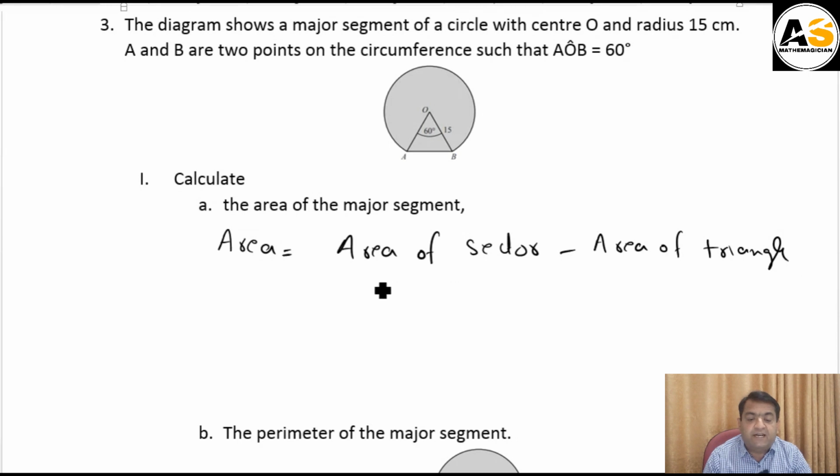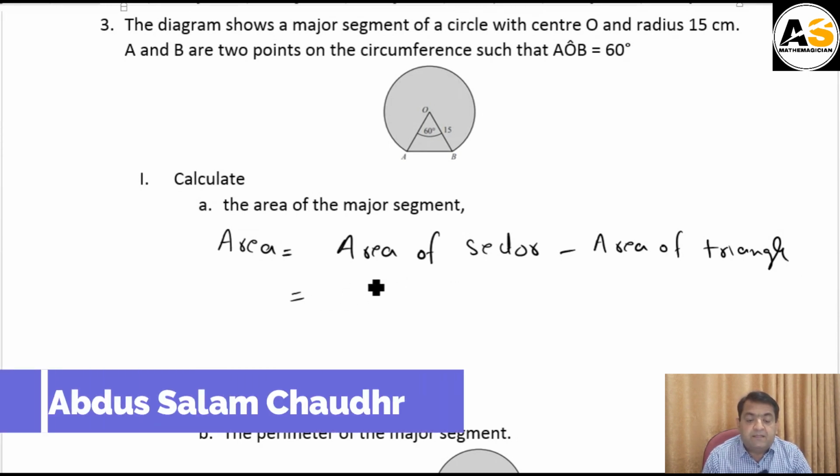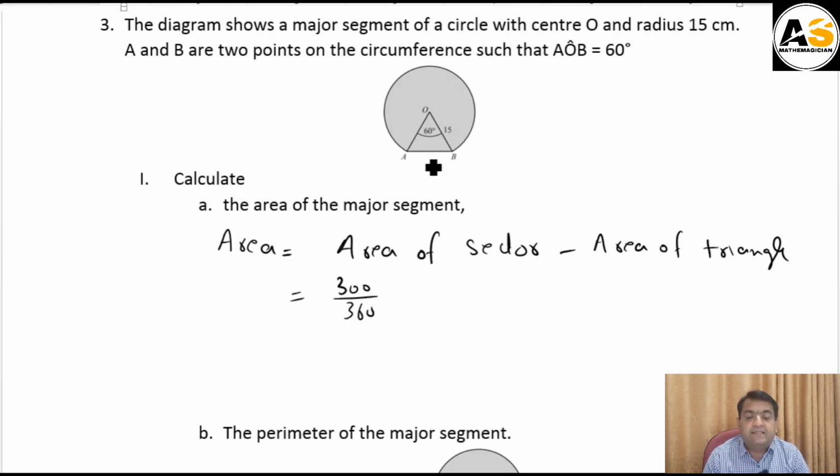What will be area of sector? This will be 300 over 360 into pi r square, minus area of triangle, I am using sine rule, 1 by 2, 15 into 15 into sine 60.